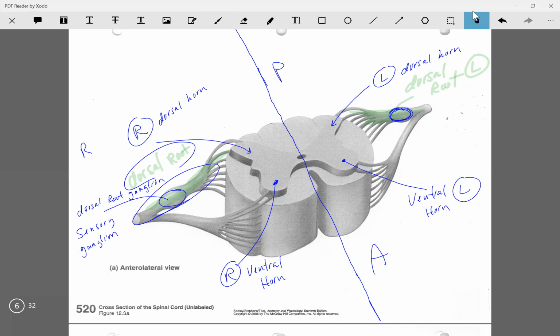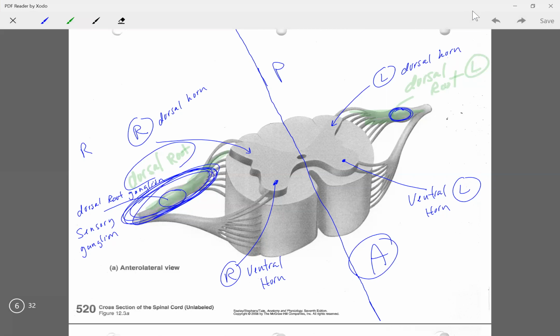If this is the dorsal root and this is the anterior aspect of the cord, then that makes this the ventral root, on both sides here.